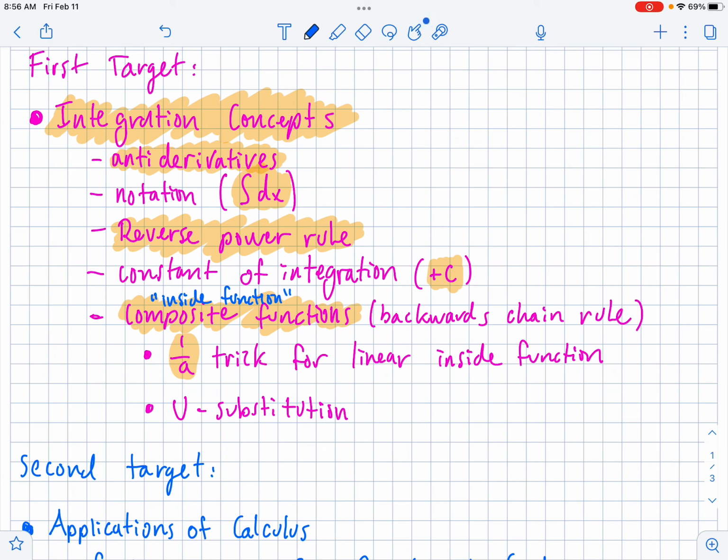But if the inside function is anything nonlinear, you need to use u substitution. So you call the inside function u, you take the derivative of u, you put everything in terms of u, you do a little algebra magic, you integrate it, and then you replace the u with whatever you started with in the beginning.